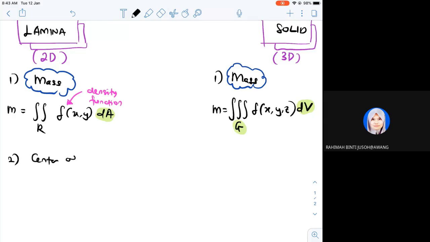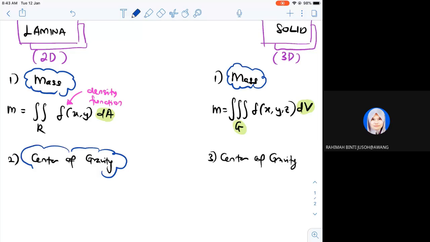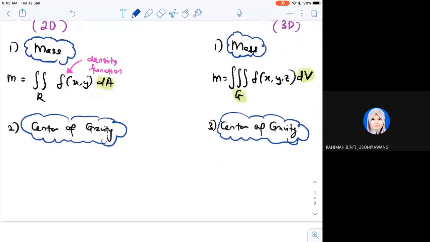Okay, center of gravity. Same, in 3D we also have center of gravity. So we have this formula. Okay, before that, let me give you a brief definition. What is center of gravity?